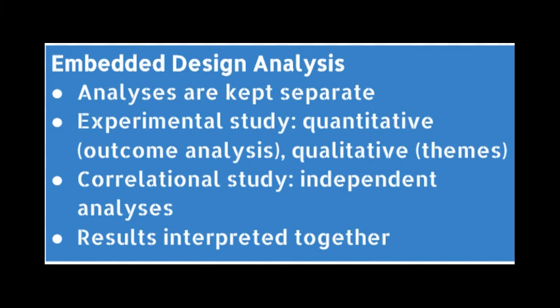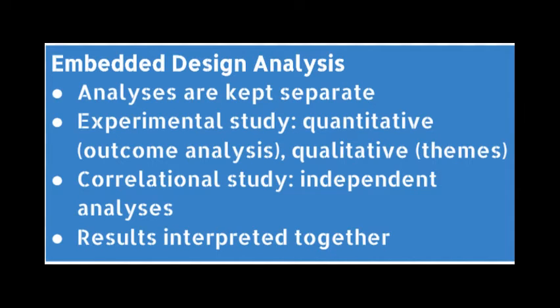Embedded design analysis is used when the analyses of the quantitative and qualitative data are kept separate because the two data sets often reflect different questions. Therefore, in an experimental study, the outcome analysis is conducted for the quantitative data and the process qualitative data is analyzed for themes.